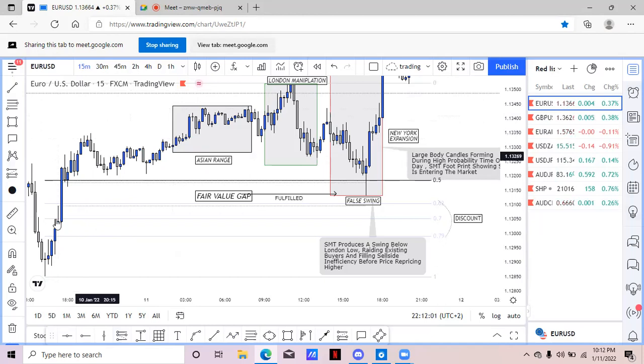Look here, the market wasn't really trading from order blocks but from the fair value gap, the FVG, and the price of the FVG was from yesterday, wasn't it? So yeah.